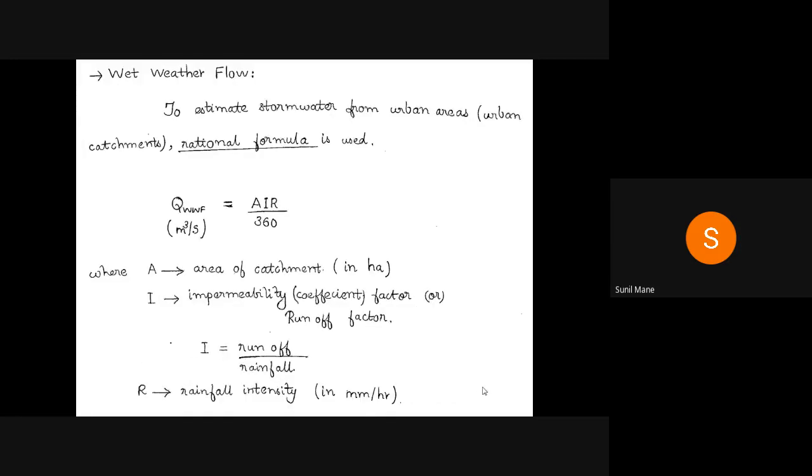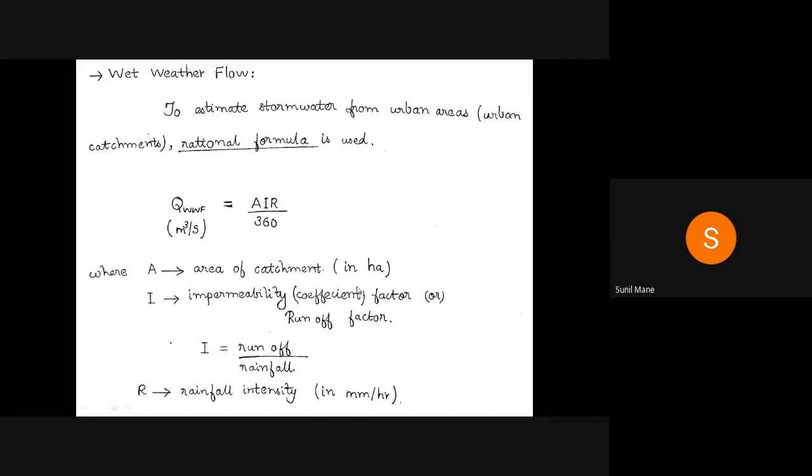Now wet weather flow. In case of wet weather flow, we estimate the stormwater from urban areas. The rational formula can be utilized, which you might have seen in fluid mechanics too. The rational formula is AIR divided by 360, where the area is the catchment area, available in terms of hectares.